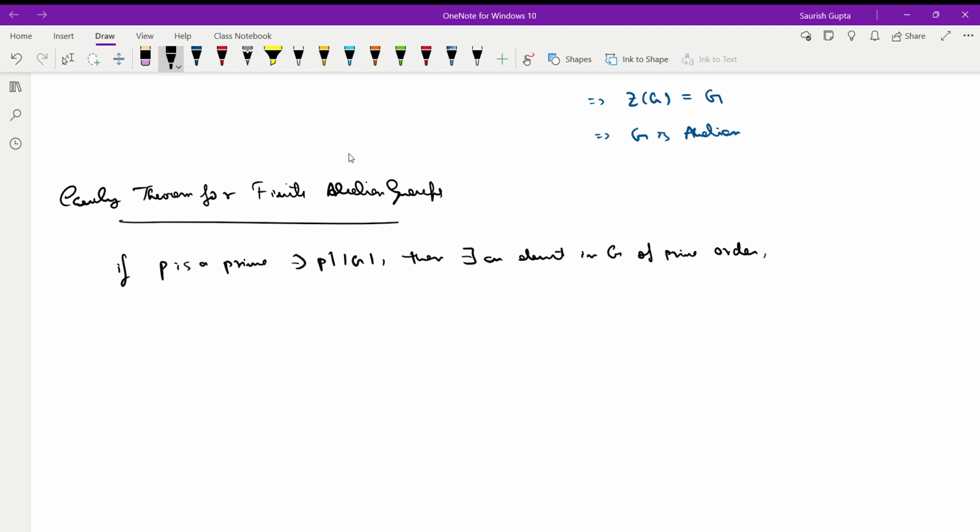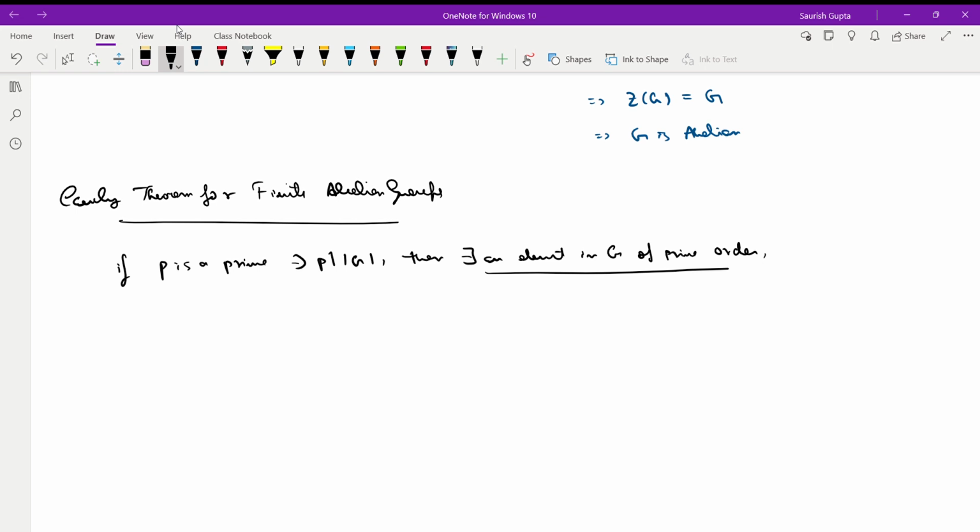But the obvious observation is that if a prime divides the order of a finite abelian group G, then there surely exists an element in G which is of prime order. Why is it so? This statement actually does not depend on P dividing the order of G.